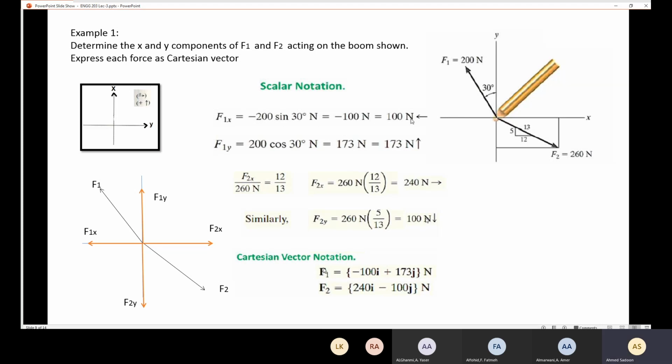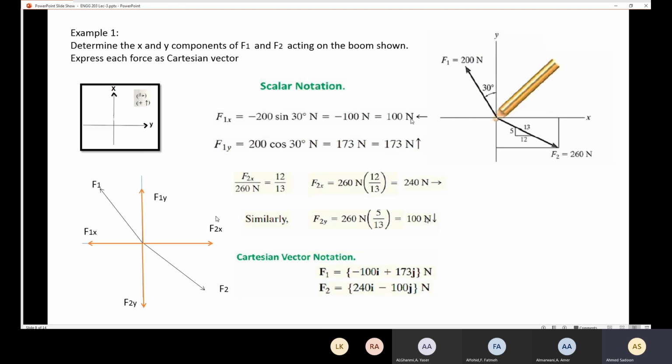We remember that F1 as a vector is going to equal Fx, and we already calculate Fx, which is 100, and we have a minus here because the direction is opposite, multiplied by i. Indicate for the x direction, plus F1y, and we already calculate the value, so we'll put it like that, multiplied by j. j indicates the y direction.